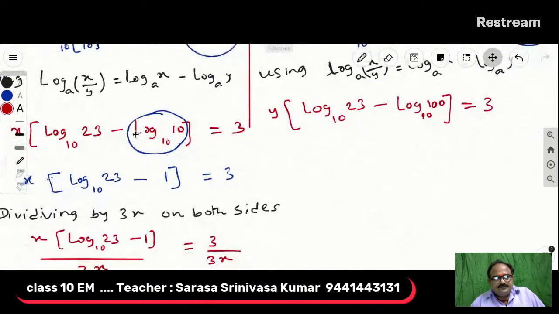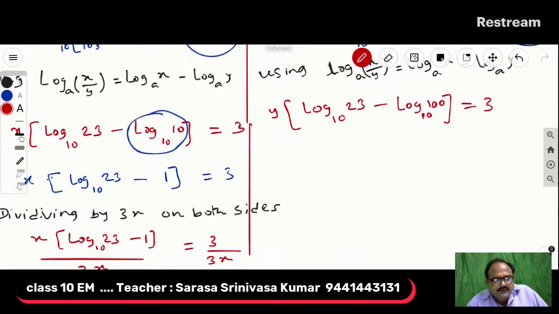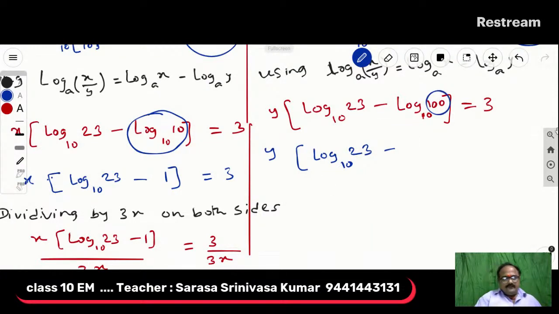In the next step, we write y multiplied by log 23 base 10 minus, 100 can be written as 10 square.